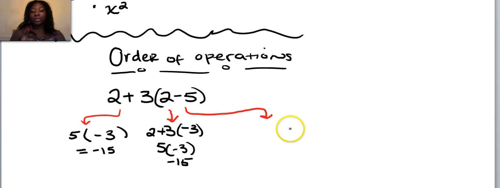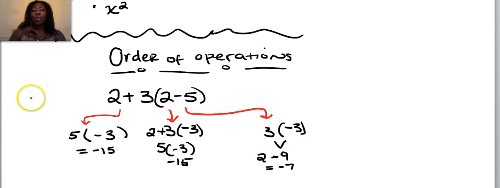I'm going to do the parentheses, negative 3, and then multiply times 3, which is negative 9. And then once I get that, I'm going to do 2 minus negative 9, which is 7. You can say, well, wait a minute. These two people had the same answer, but this one is off. Which one is actually the right answer?